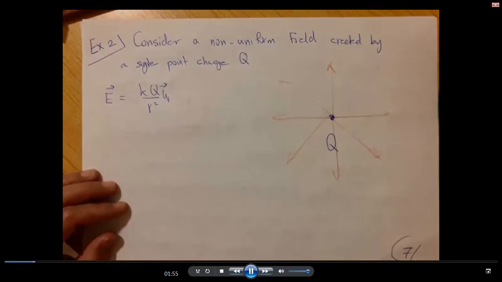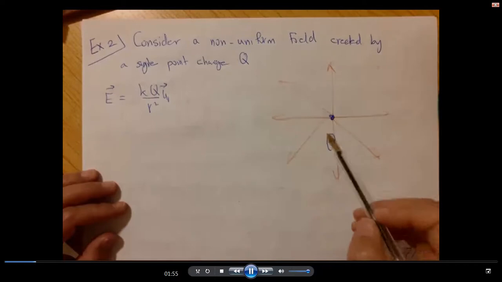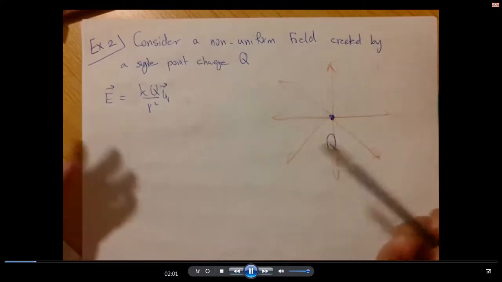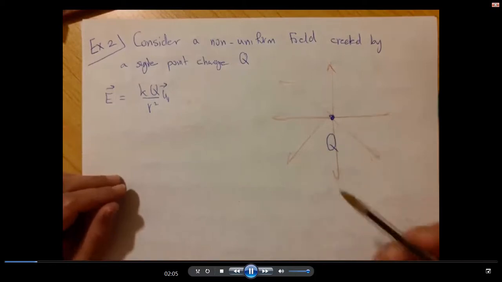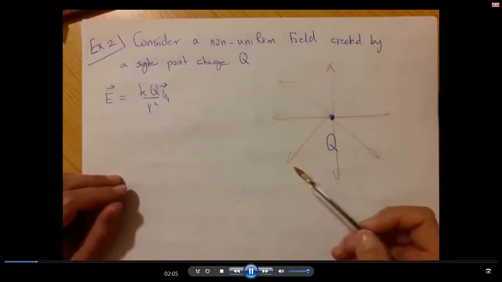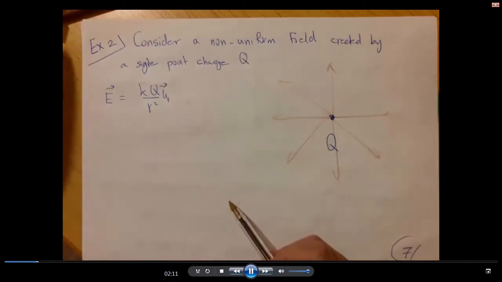Imagine, guys, that in this electric field I want to calculate the work done due to a displacement of a point charge under the effect of an electric force created by this electric field.